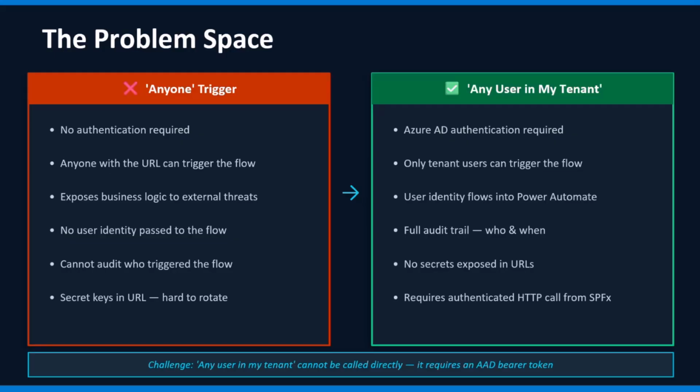From the SPFx there's no change, but you can switch between any user or a more specific user in my tenant. So you get Azure AD authentication. Only users within your tenant can trigger the flow, and you get user identities, so you have a full trail and can pass information about the user who has triggered the flow. All of that we'll be doing from the SPFx.